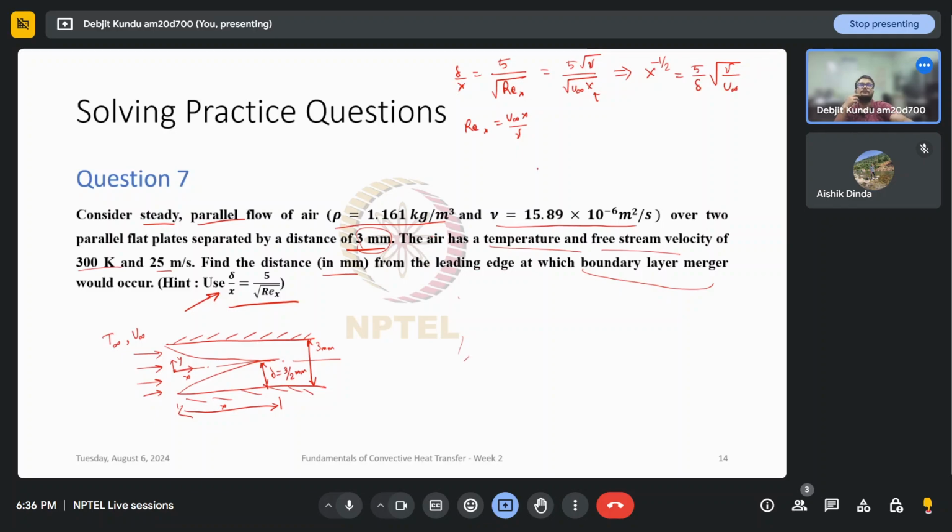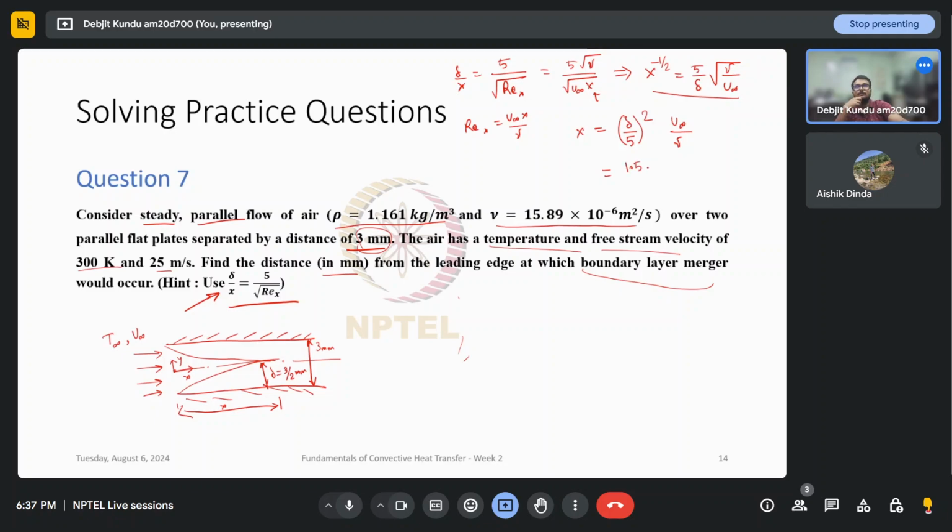So, okay. So this was my equation. Now x should be equal to, I would flip it and square it. So this becomes delta by 5 squared, and this becomes u infinity by nu. So my delta has to be 1.5 millimeters, right?